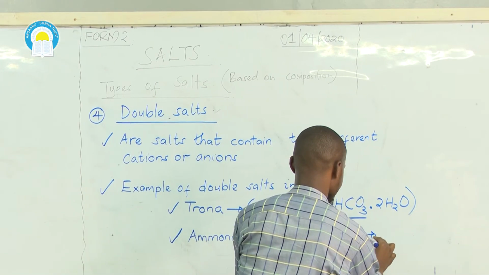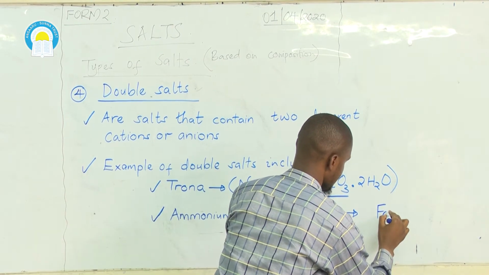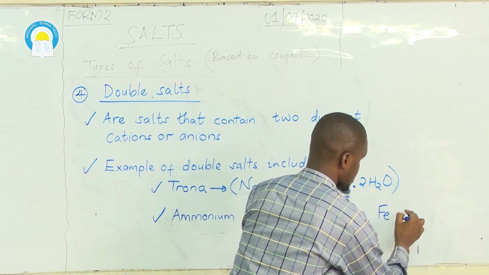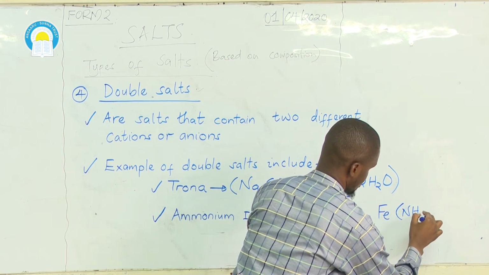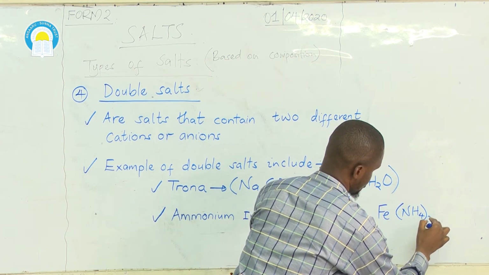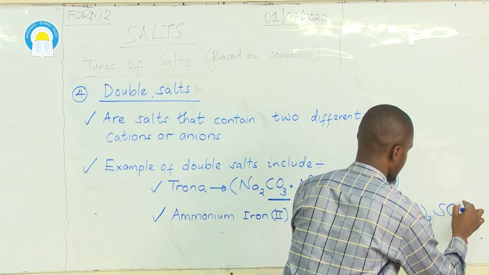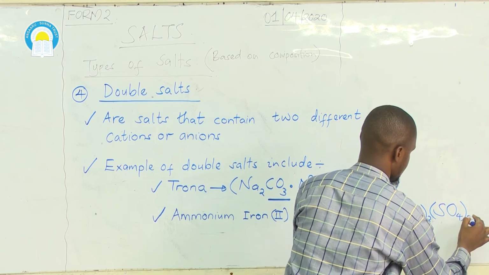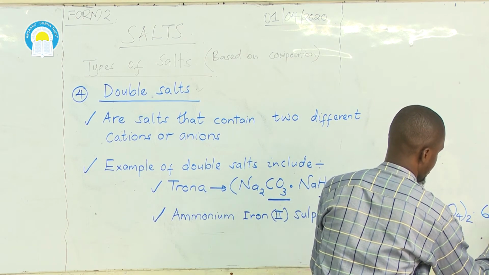The formula shows it very clearly. We have Fe, then we have (NH4)2. We also have SO4 2.6H2O.